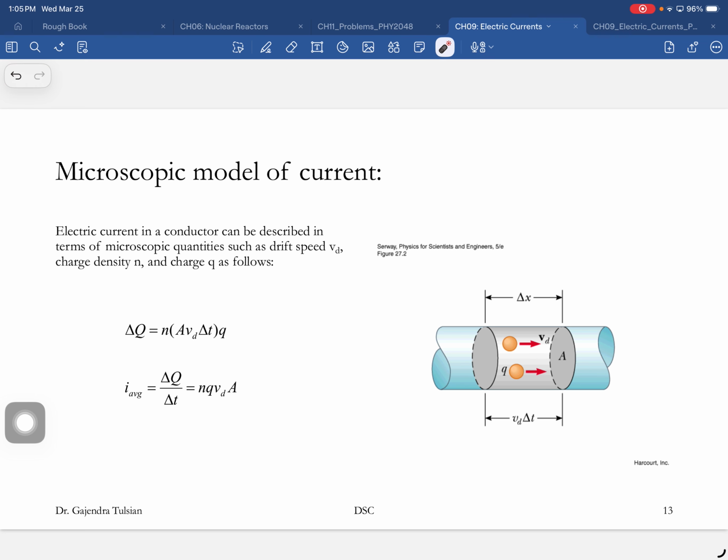So there's about 10 to the power 28 air molecules in this room. N in most metals is of that order, 10 to the power 28 per meter cube. So if you took a meter cube of the metal, the amount of free electrons in this metal is about 10 to the 28.